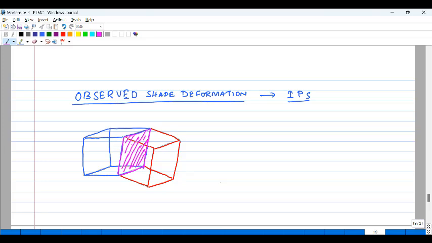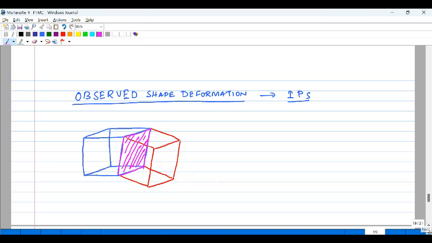Right. So what is observed is an invariant plane strain, but what actually transforms the austenite to martensite is an invariant line strain. Okay. So this is something that we need to address.